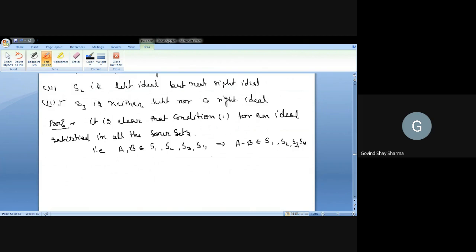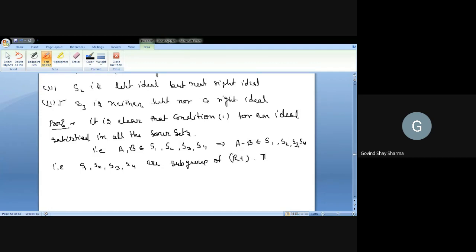That is, S1, S2, S3, S4 are subgroups of R.